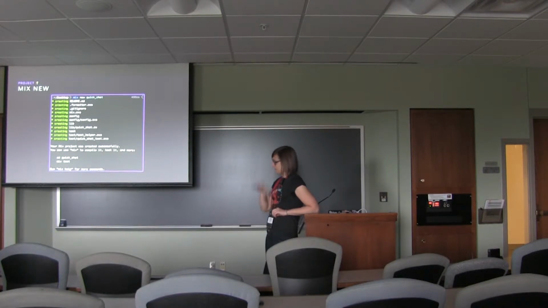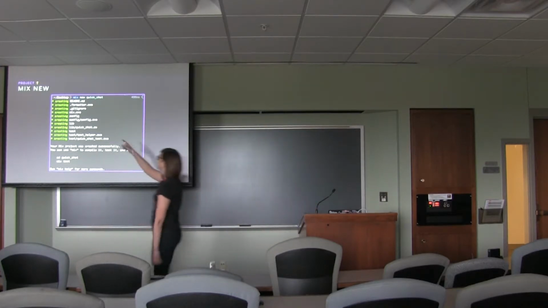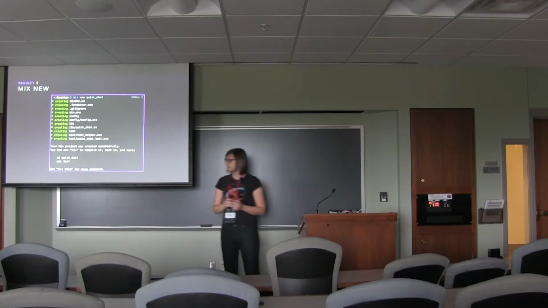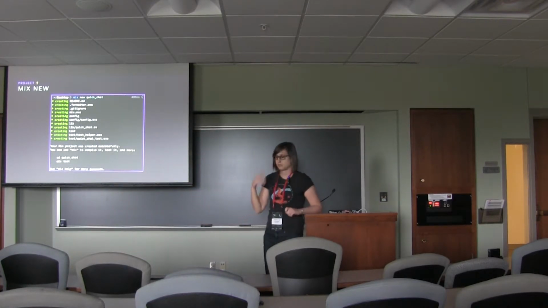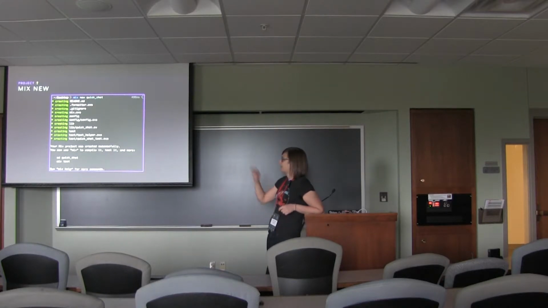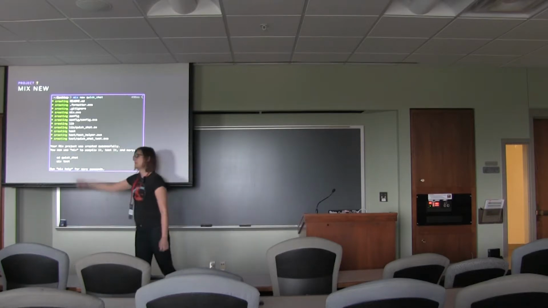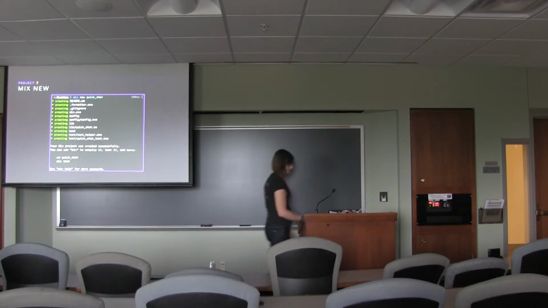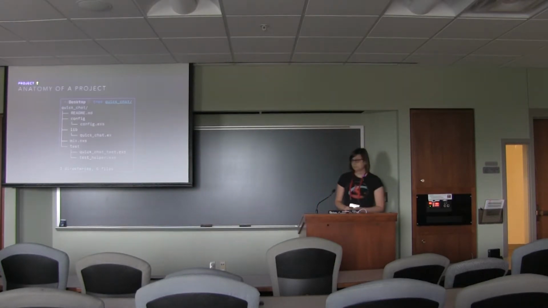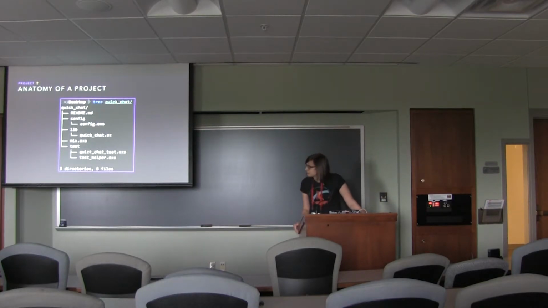Everything for your actual application or library lives under lib. And by default, you get the same as the project name .ex. There's also a test folder with the helper, and that really just sets things up. And then one test file as well. To test, you run mix test, and it runs all of your tests. That's how the tree looks. Right? 3 directories, 6 files.